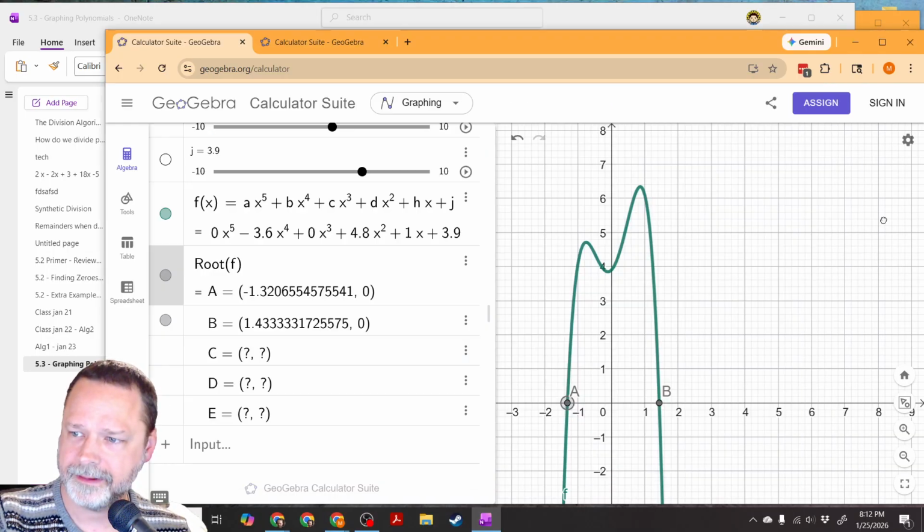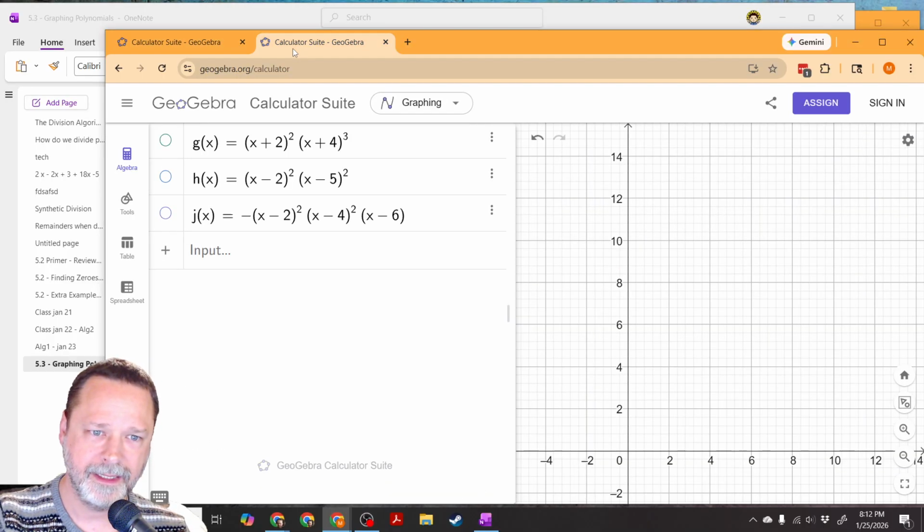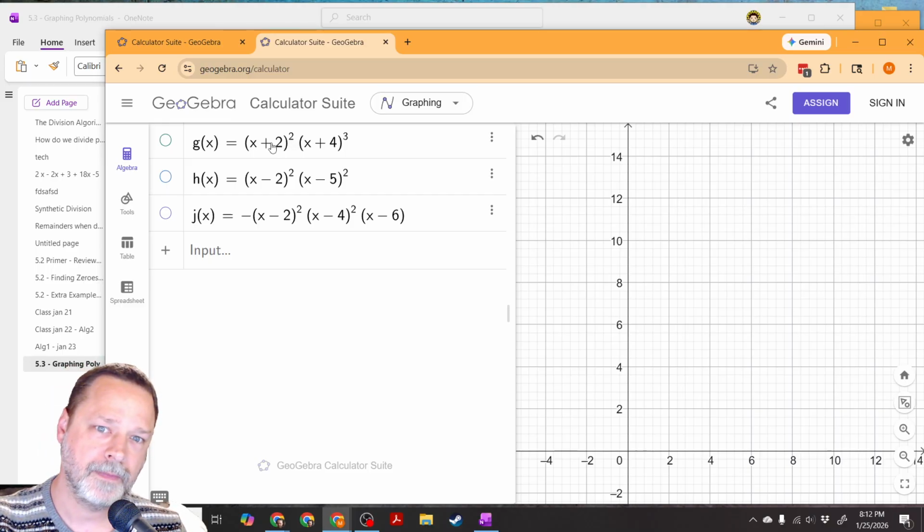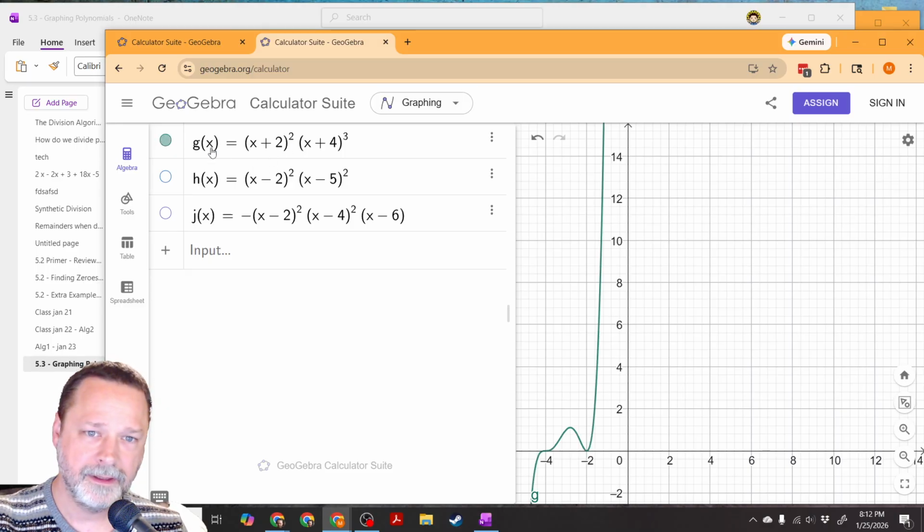Let's take a look at some more polynomials in a different light. So I wrote some out here, but they're factored. And so we have zeros or roots with different multiplicity. Right here, we have -2 in g of x. -2 is a root and -4 is a root, but -2 has multiplicity 2, and the root at -4 has multiplicity 3.